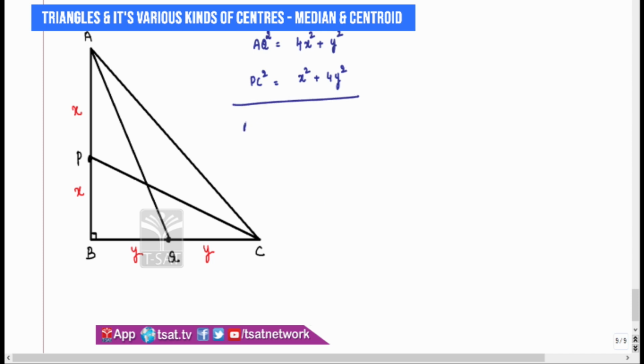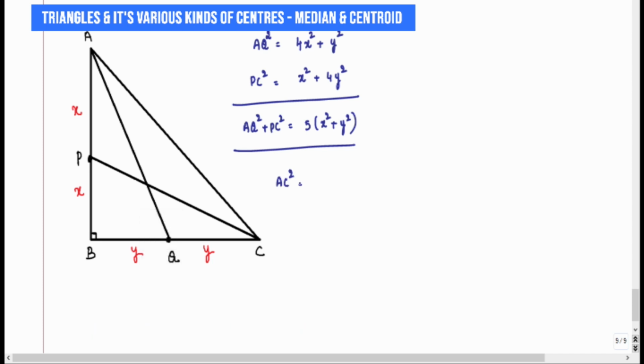Add both of them. AQ square plus PC square is equal to 5 into (x square plus y square). If you take AC square, the hypotenuse square is equal to side square plus side square, that is 2x whole square plus 2y whole square, 4x square plus 4y square.